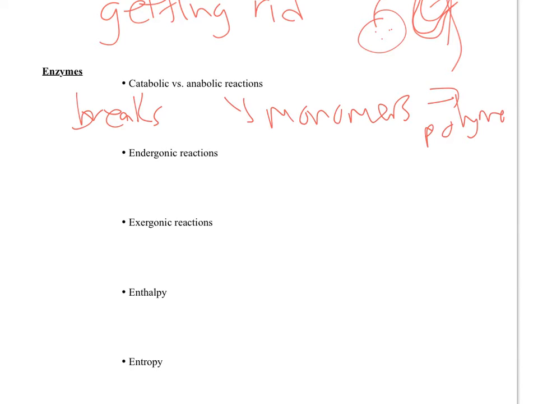An easy way to remember that is cats have claws, and that breaks and scratches your skin and furniture and stuff. So catabolic reactions are breaking down large organic molecules into simpler forms. Anabolic are putting them together. You can think of an example: catabolic reactions are breaking down things like in cellular respiration, and anabolic is building, like when it builds glucose.